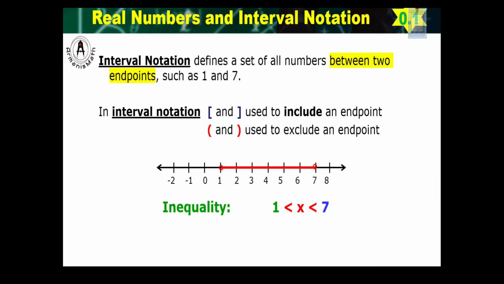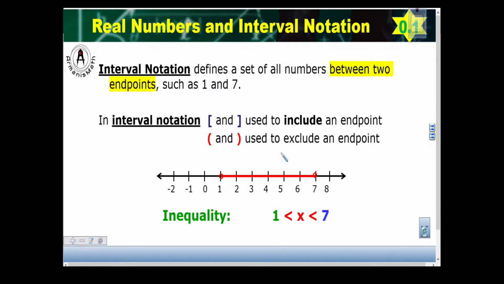Okay, how do you use interval notation? Well, here is a good example. It says interval notation defines all sets of numbers between two end points. For example, if you wanted the numbers between 1 and 7 and you want to use interval notation, you could use the brackets and parentheses with one little exception. If you want to use the bracket, you really have to make sure that you include the value.